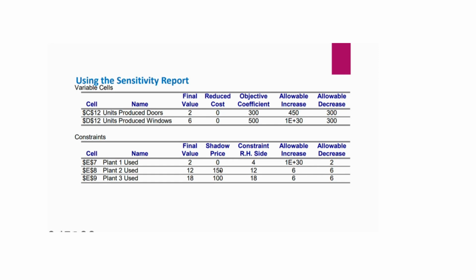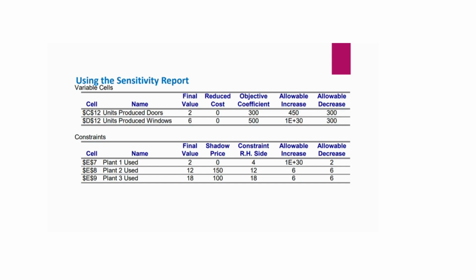If that's the case, the shadow price of 150 will no longer be valid. It's the same explanation for constraint 18. The shadow price of 100 will remain valid only within this range of allowable increase and allowable decrease.